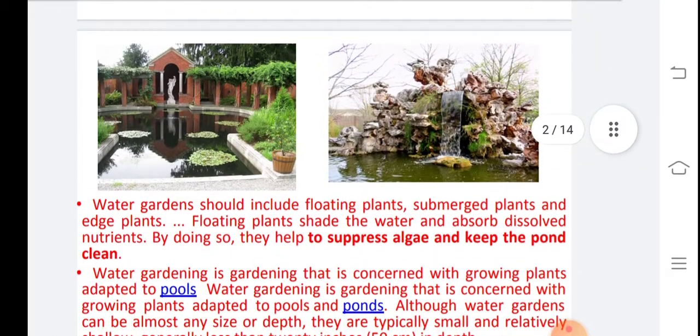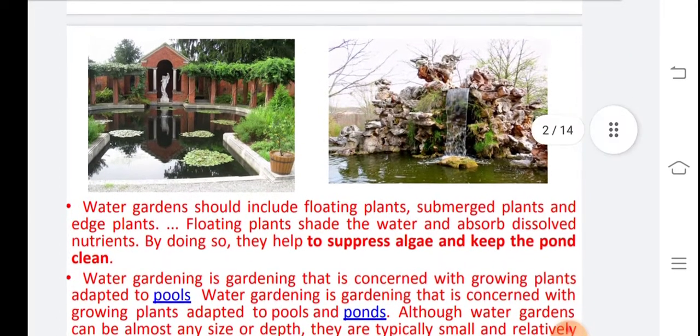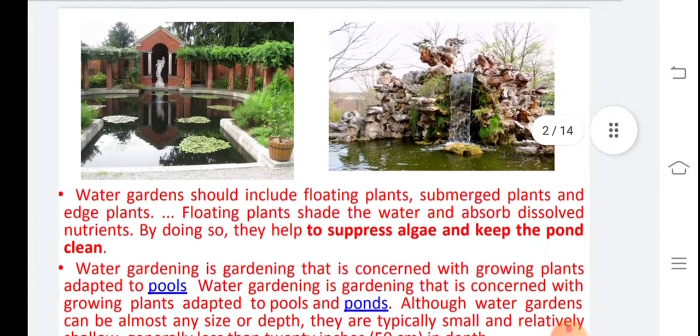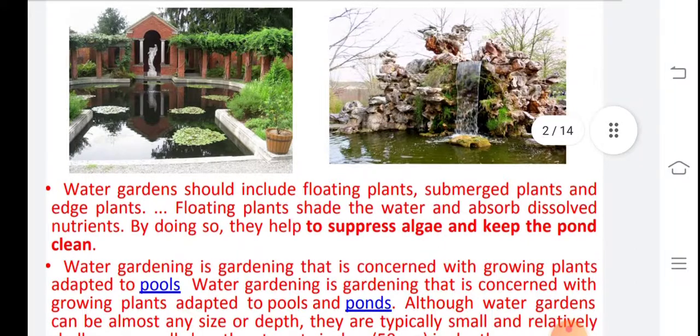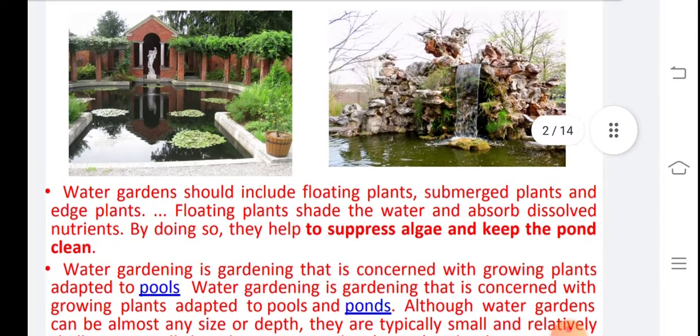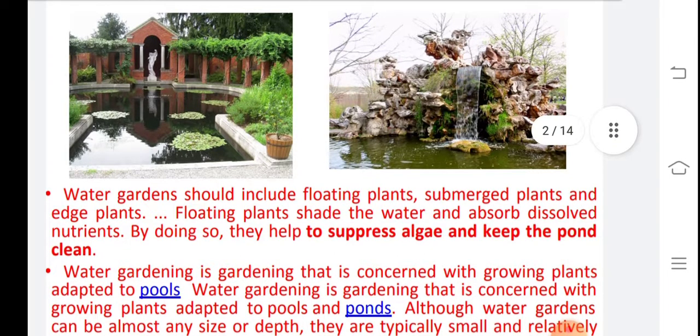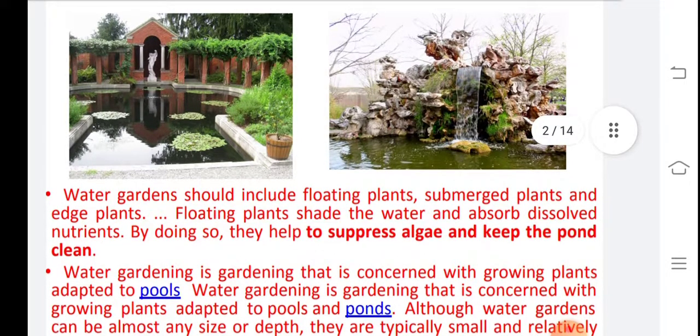Second thing, here you are observing a good water garden also. Here the major weightage is given to floating plants and submerged plants. Then at the corner, margin plants are there, commonly called edge plants.